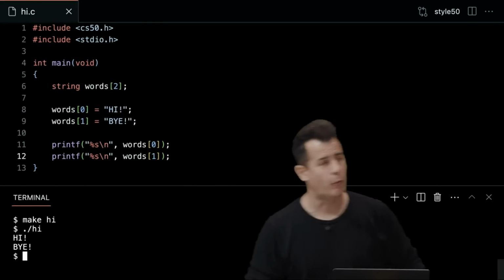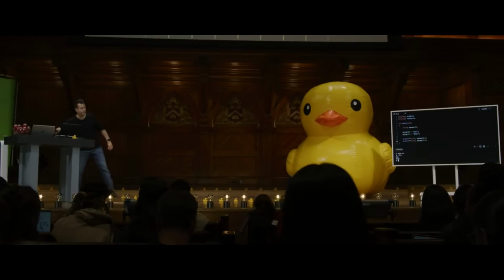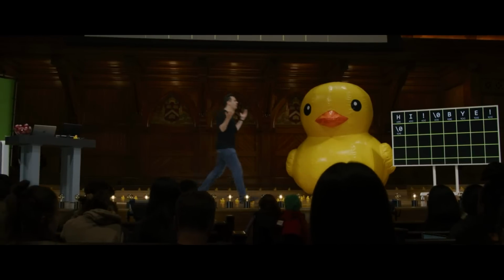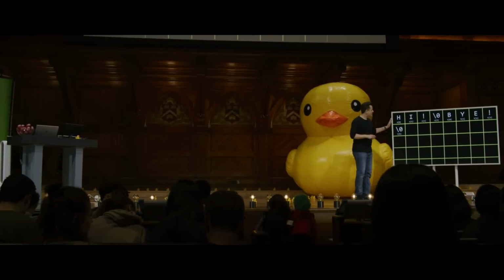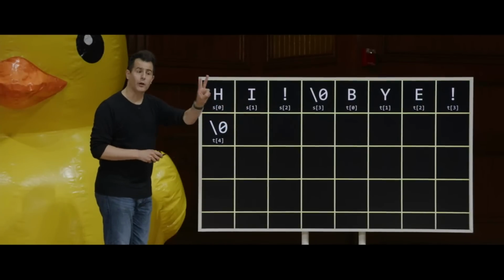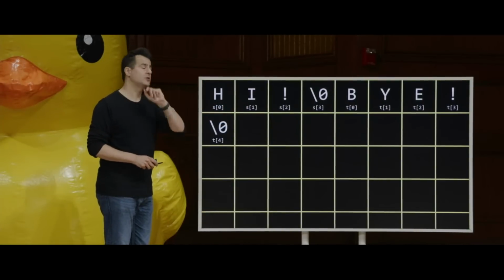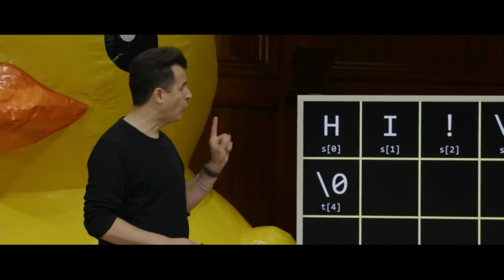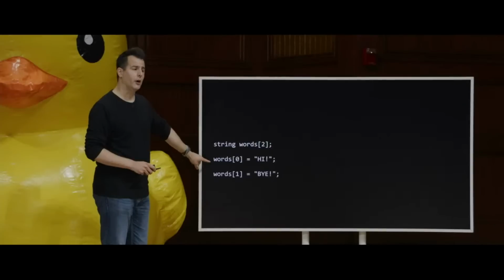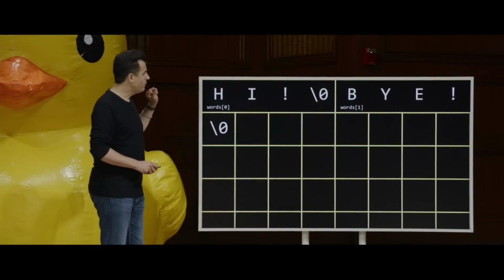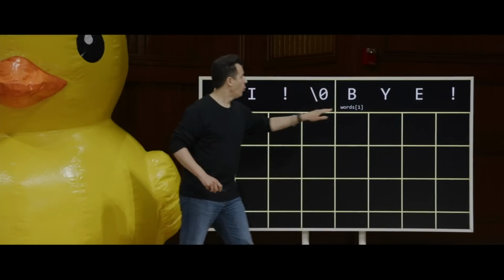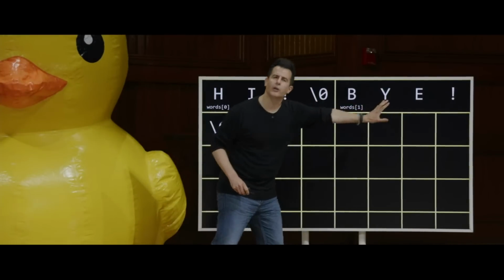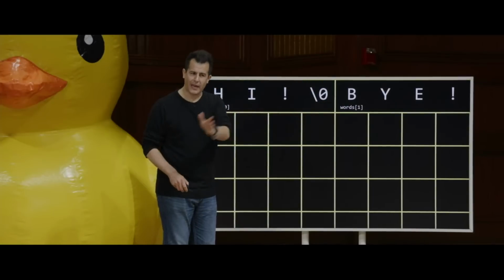And if I really want to poke around, here's where things get even more visually overwhelming, but just the logical extension of these same ideas. Right now is the previous version where I had two variables, S and T. If I now use this new version where I have one variable called words, the picture should follow logically like this. Words bracket 0 is this string. Words bracket 1 is this string. But what is each string? It's an array of characters.